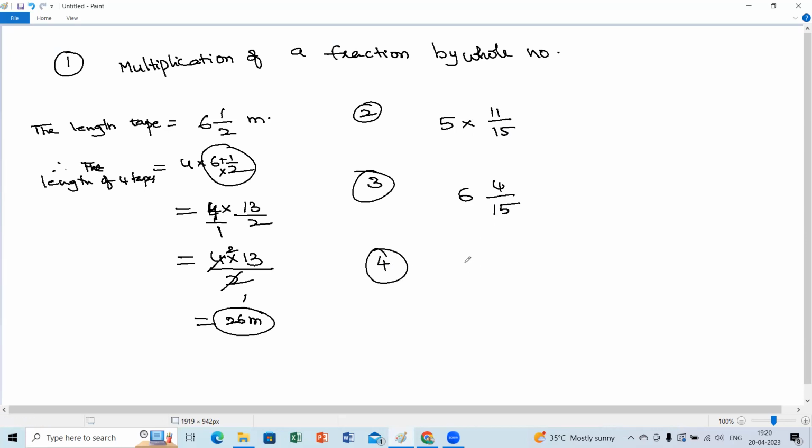Fourth one is 6 into 4 by 15, and 3 1 by 4 multiplied with 5. The whole number can be anywhere, because multiplication is commutative, we know very well, so you can change the order.